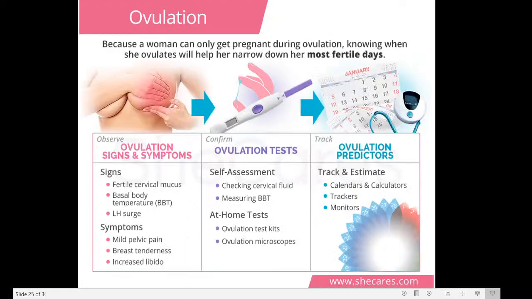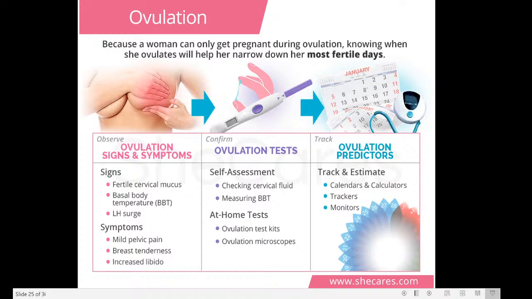Then the ovulation process. In the ovulation process, here we have the signs and symptoms. The signs: fertile cervical mucus is released, the basal body temperature varies, and the LH surge also varies.